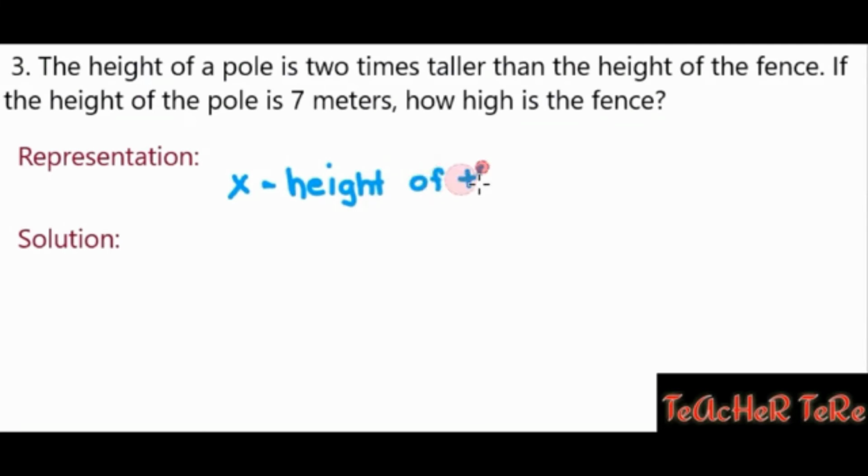For the height of the pole, it is 2 times the height of the fence. We will just multiply it by 2 because it's twice the height of the fence. This will be the height of the pole.